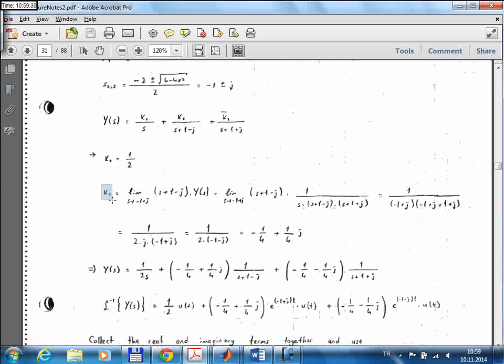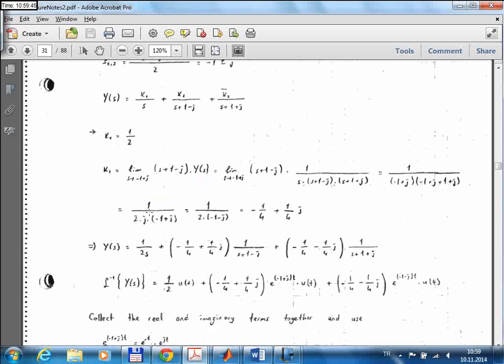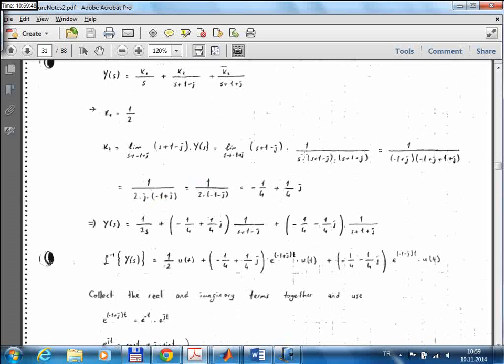So the residue for the K2 is calculated as seen here. You multiply the function, the y function, with this term, and then insert -1 plus j instead of s. You can follow the calculation. So you have this complex number here, and then after putting everything in, you end up with a complex number in the denominator, and you get rid of that by multiplying both the numerator and denominator with the complex conjugate of this.